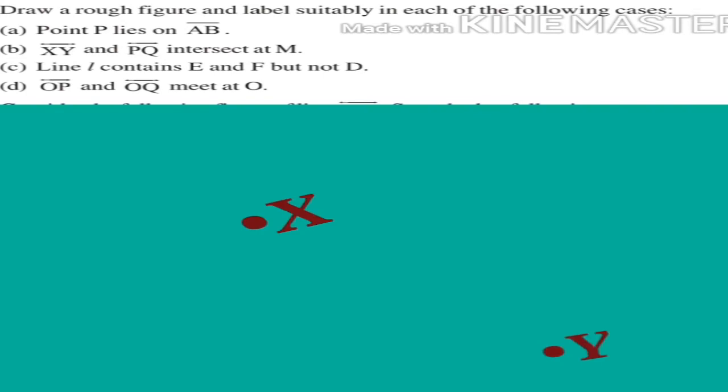Let's move to the next question. Point P lies on AB. First we draw a line AB and take a point P on it. XY and PQ intersect at M. Take the point of intersection as M, as shown in the picture.